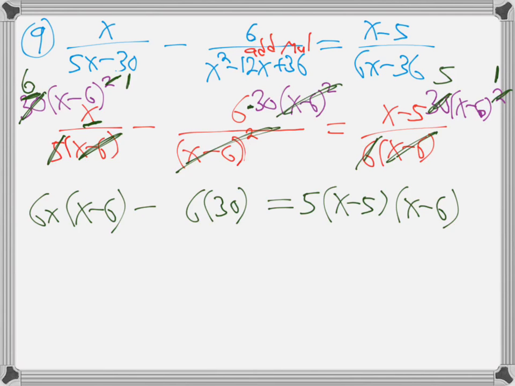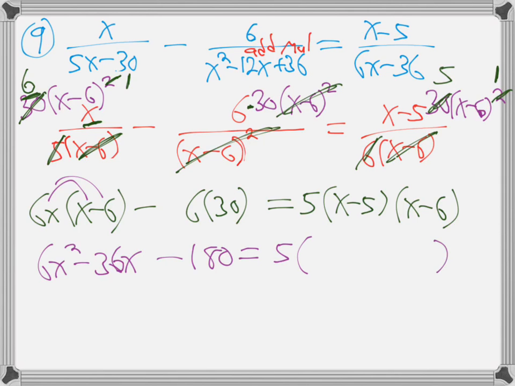Okay. So now we just got to multiply all this stuff out. So boom and boom. 6x squared minus 36x. Here minus 180. Over here, this one's a big pain. You got to FOIL out the x, x minus 6 stuff. Boom, boom. x squared minus 6x.